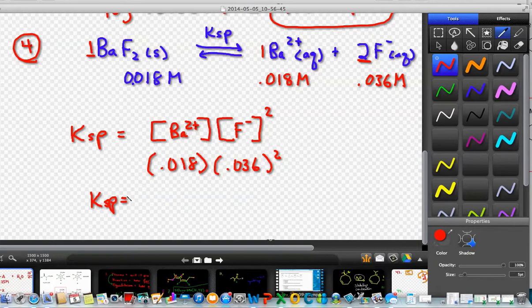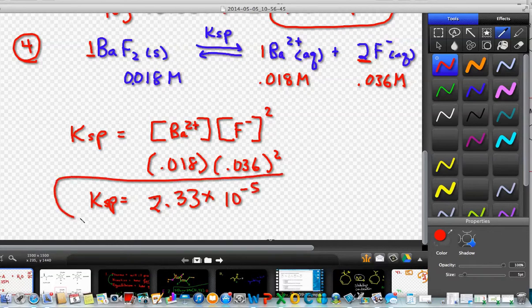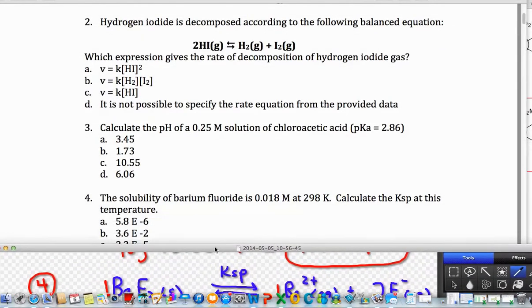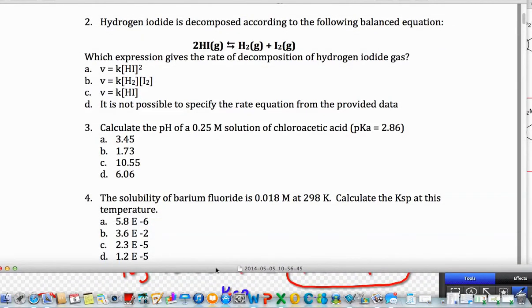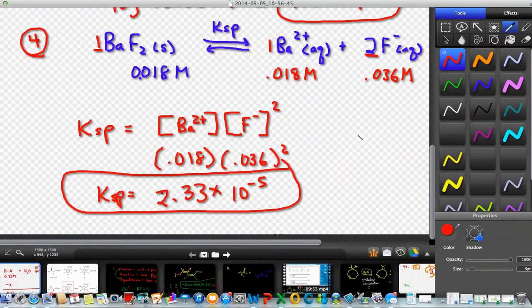And I obtain an answer of 2.33 times 10 to the minus 5. And that's going to be answer C. So for number 4, the credited response is going to be C.